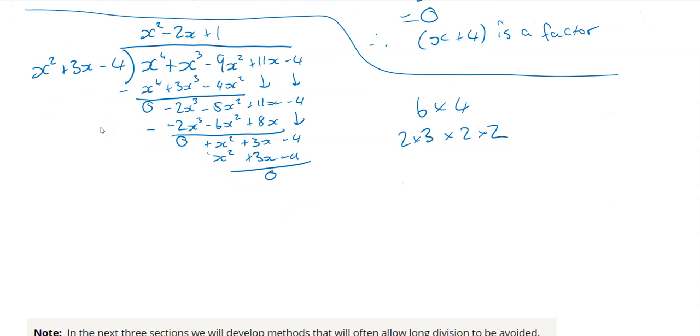Okay, so my result for P of x is x minus 1, x plus 4, and x squared minus 2x plus 1. And does that factorize? There are no two numbers that will, oh wait, good.